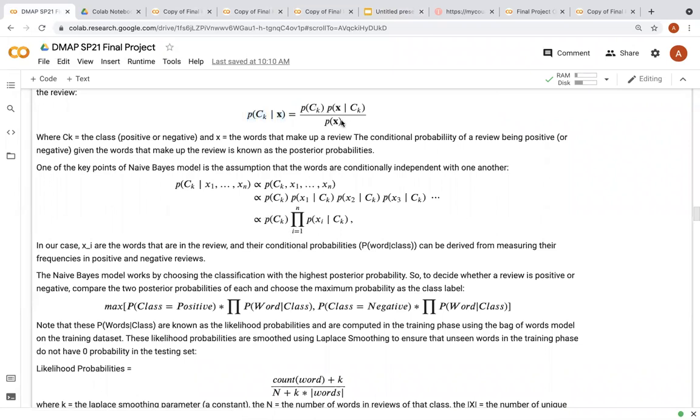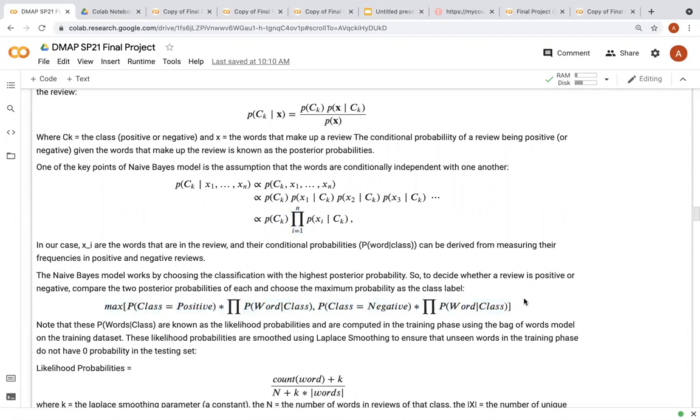We note that to maximize the posterior probability, we can forget the denominator. We just have to maximize the numerator. So when we're actually building these classifiers, we just use the numerator, and all we do is take the maximum.